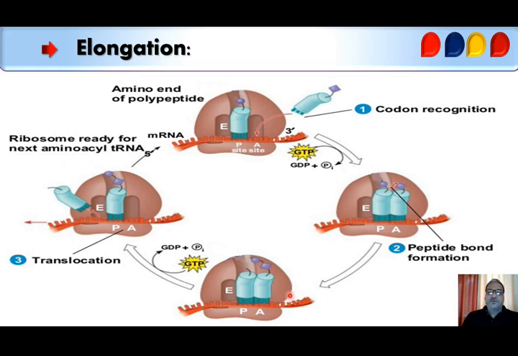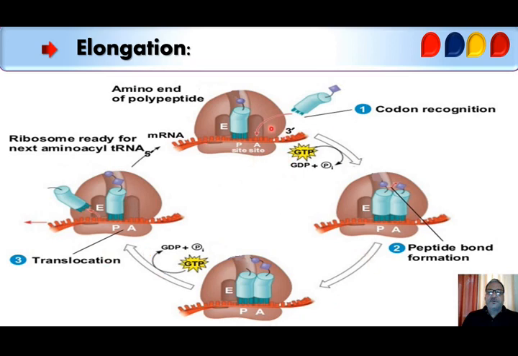Now at the A site there is a new codon, and the first arrived transfer RNA is at the E site. Once it comes to the E site, the transfer RNA is released and the cycle continues. Like this, in this elongation cycle, these three events occur.